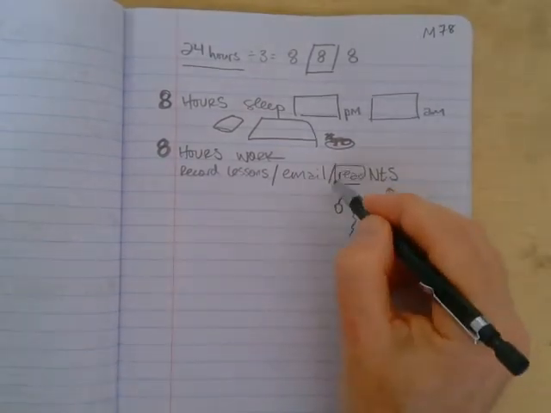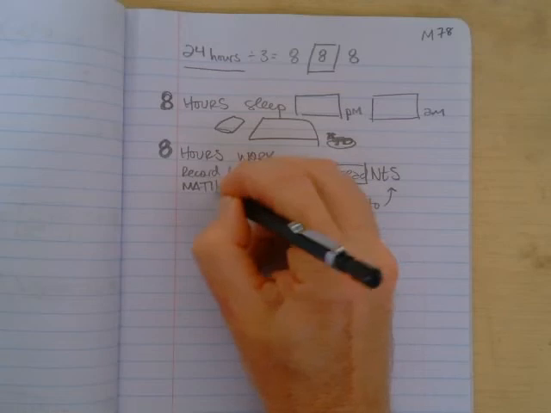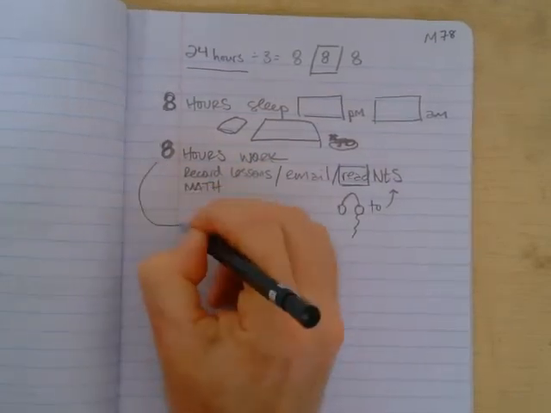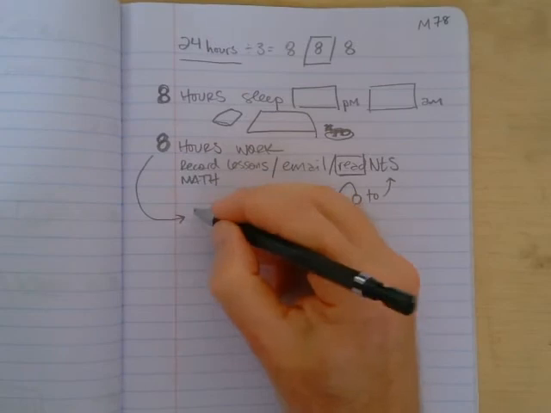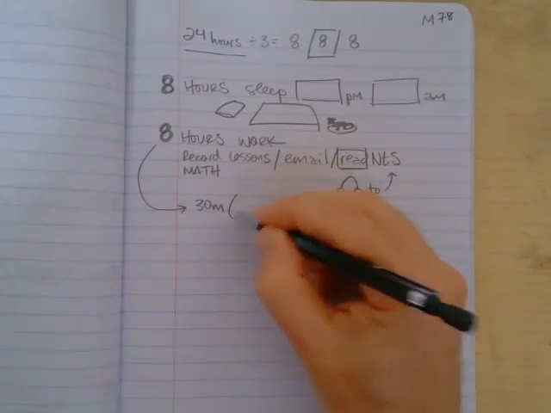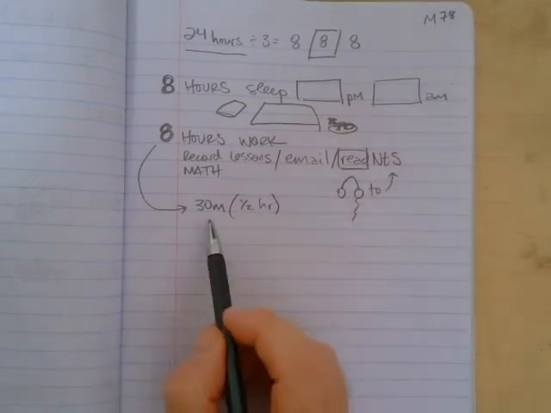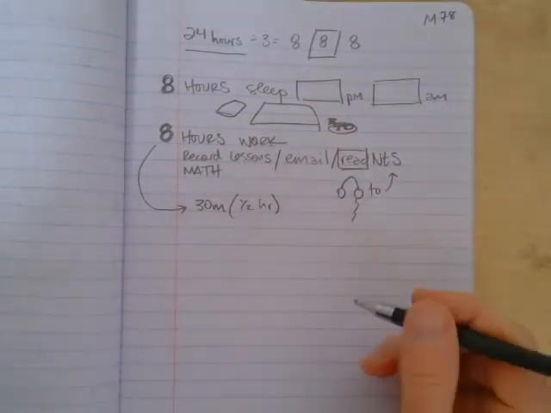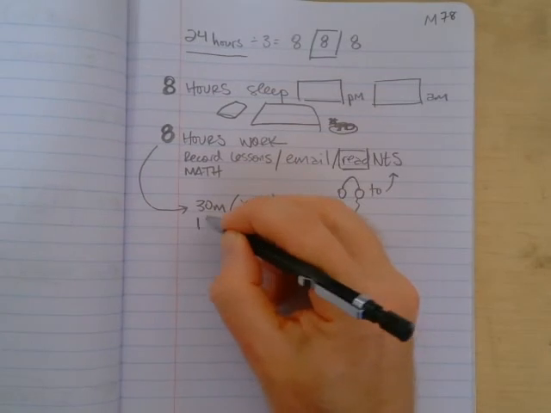Okay, so reading hopefully is something you do. Maybe you're doing math. And if you can, take the 8 hours and break it up into anything from 30 minutes, which, remember, is a half an hour. Your smallest unit, I would say don't go smaller than 15 minutes.